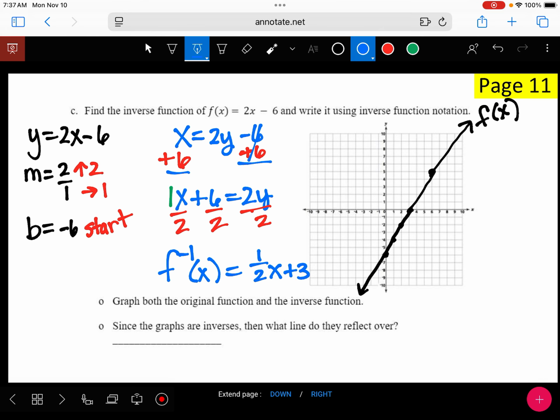So this one is going to start at 3. That's where I'm going to start. My slope is 1/2, so I'm going to go up 1, right 2. So go ahead and graph that out.